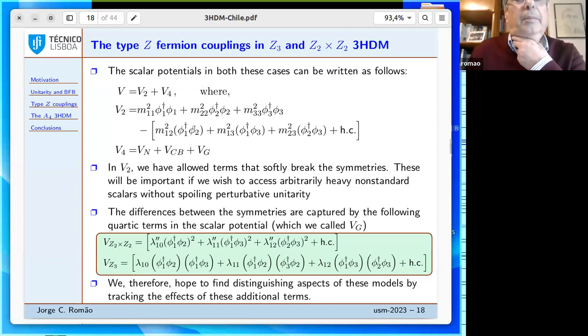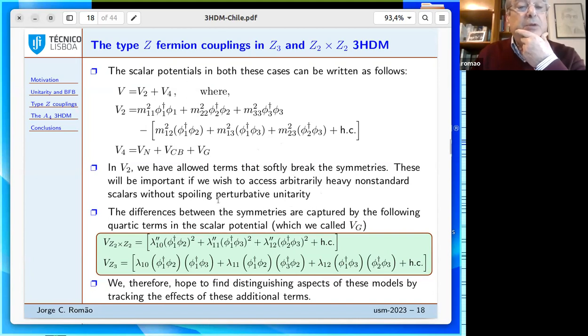But normally you need not only these terms, but you normally also put some softly broken terms, because that helps having heavy scalars without spoiling perturbative unitarity, and that's normally what you do when you look at the phenomenology of these models.